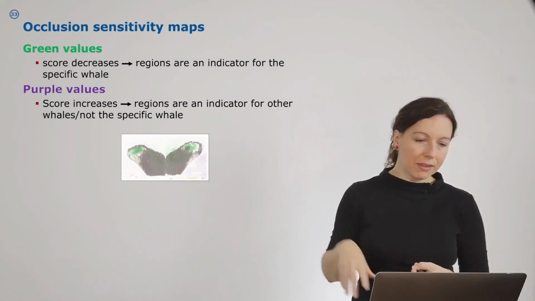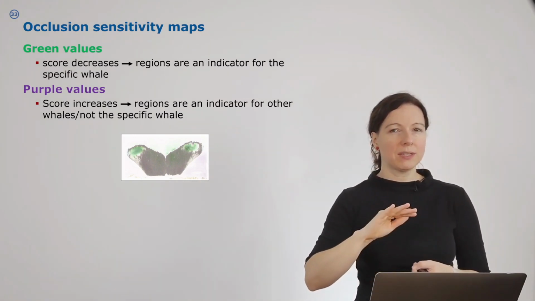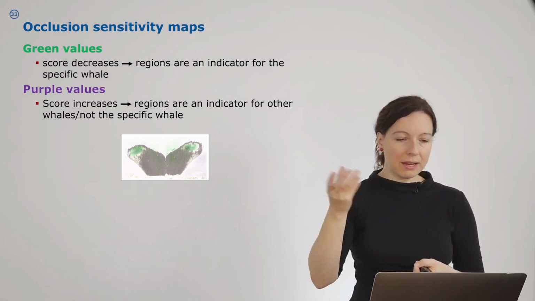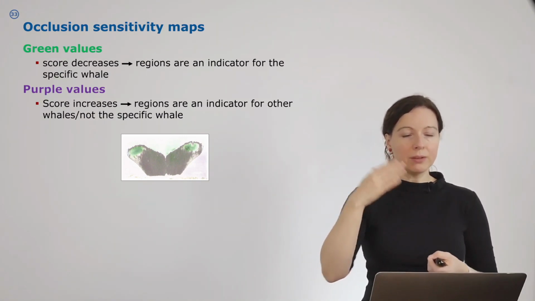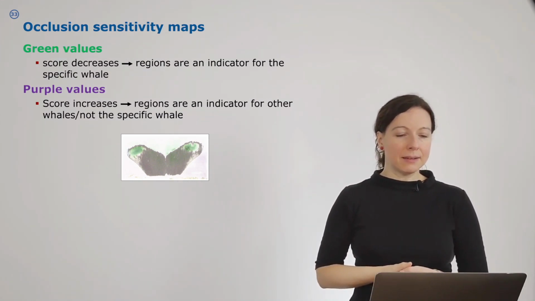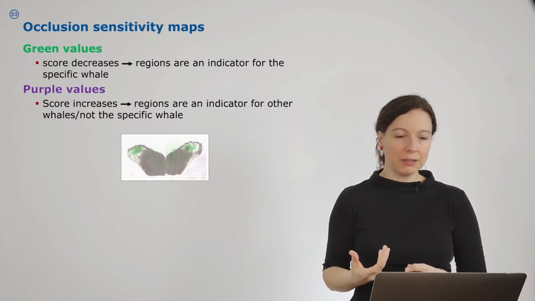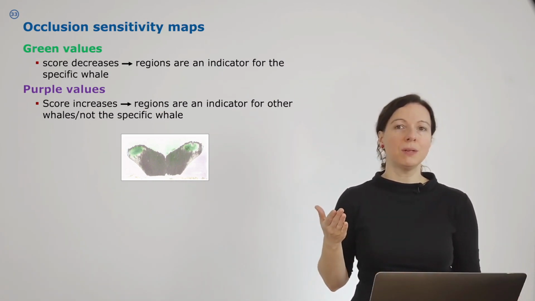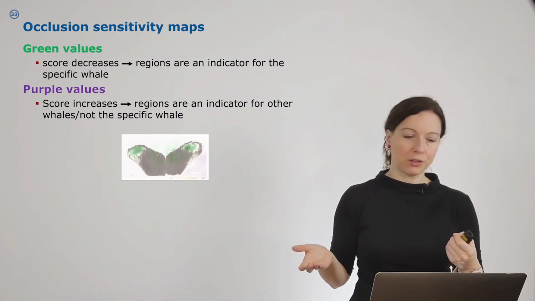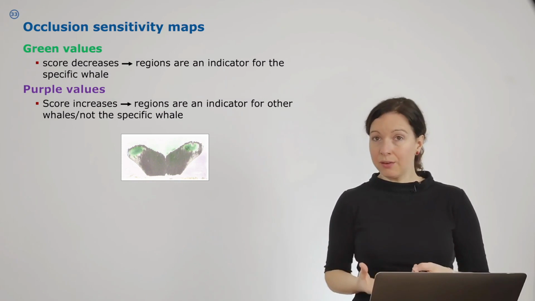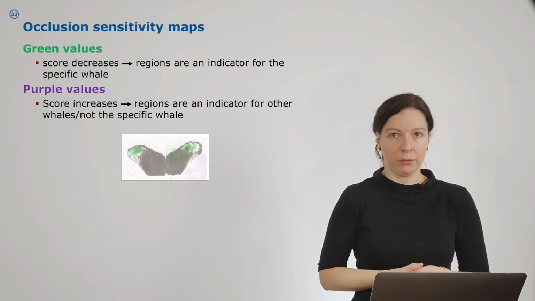It means if you cover something up, the score increases. The interpretation of what it actually means is a little bit more challenging because it depends on the loss function, for example if you have a softmax loss function or a sigmoid loss function. Overall, it means that the regions are an indicator for another whale or not a specific whale.